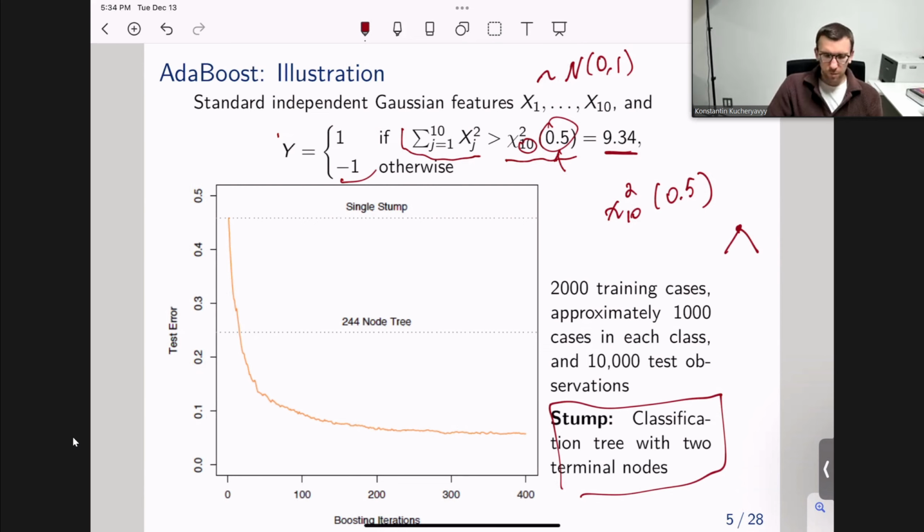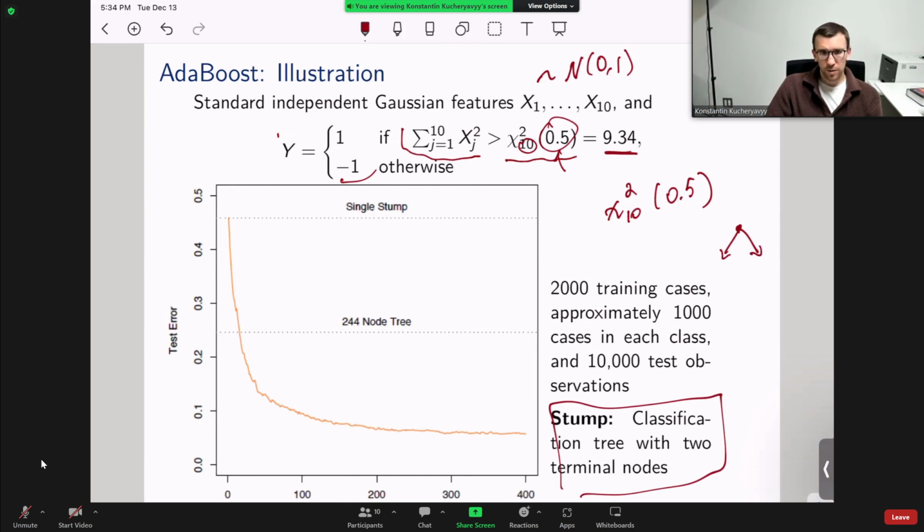I will try to emphasize several times the differences between AdaBoost and gradient boosting. They sound the same, but they're different. The single stump is the usual weak classifier used in the AdaBoost context.